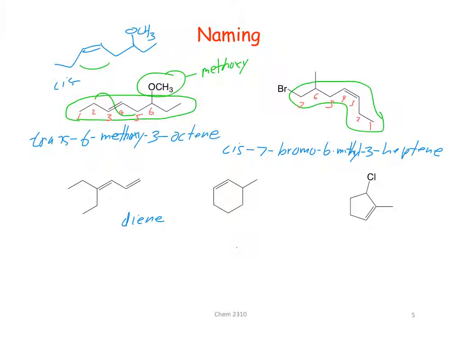Alright, so again, we can number this for our longest chain. We could number like this, for example. We're going to give the first alkene the lowest number. So we're going to number from over here, 1, 2, 3, 4, 5, 6.